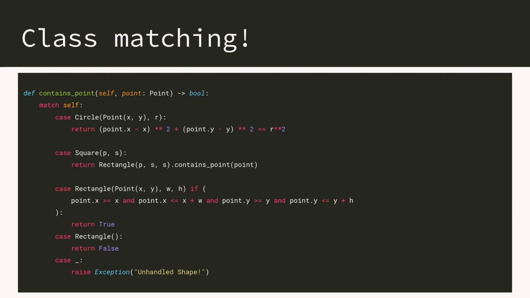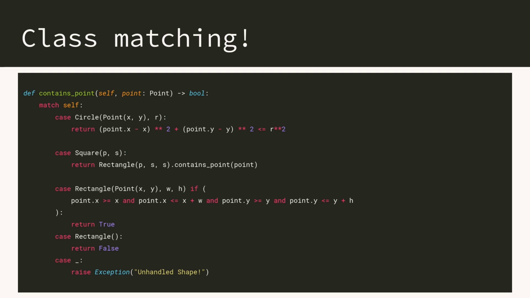The next one, where it starts to get a little bit crazy, is a method to return whether a passed-in point resides within a shape.